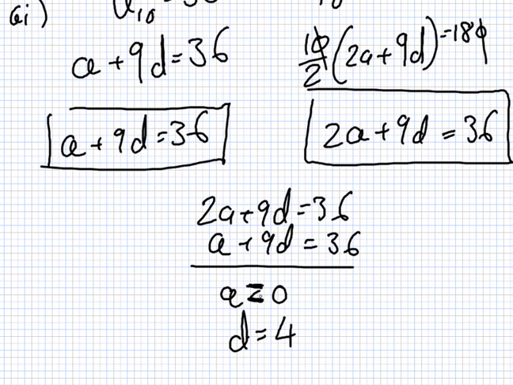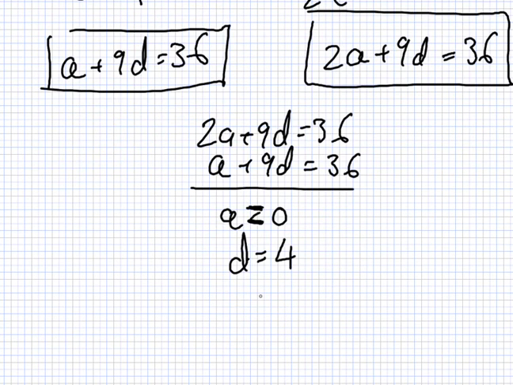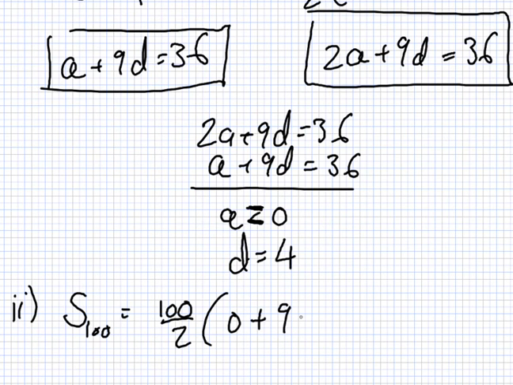Find the sum of the first 100 terms. Okay, so the sum of the first 100 terms, that's n over 2, 2a plus (n minus 1) times d, that's 50 times 4 is 200 times 99.